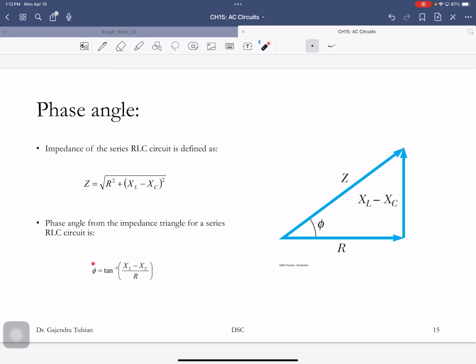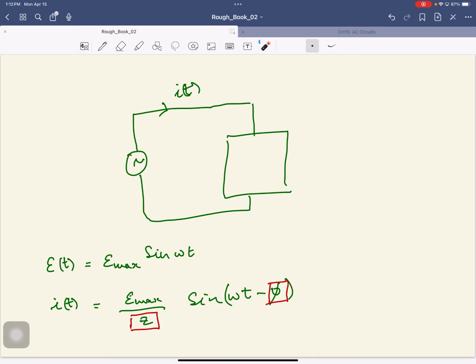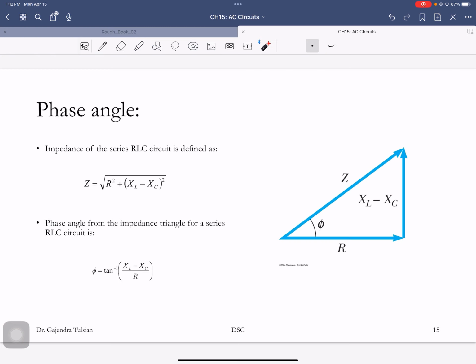The other thing you're interested in is phi, the phase factor. We found the impedance of that circuit, and now we want to know the phase factor. The phase factor is tan inverse of (XL minus XC) over R. So this angle is equal to tan inverse of this quantity.